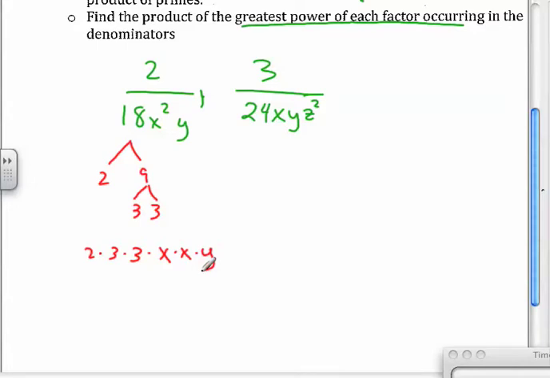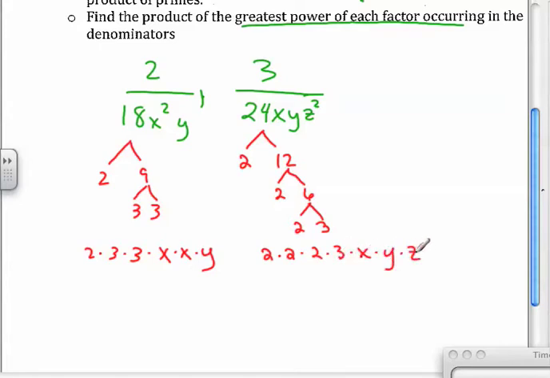Now I'm going to take 24 and I'm going to break it down. That's 2 and 12. That's 2 and 6. 2 and 3. So the numbers are 2 times 2 times 2 times 3 times x times y times z. All right? So, guys, I like to think of it this way, and maybe this will help you as well.